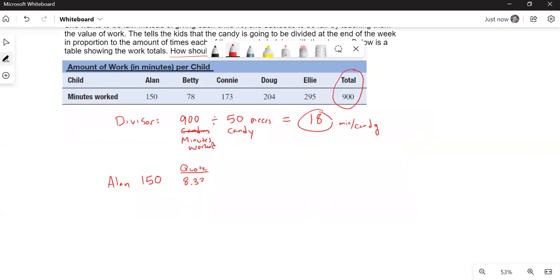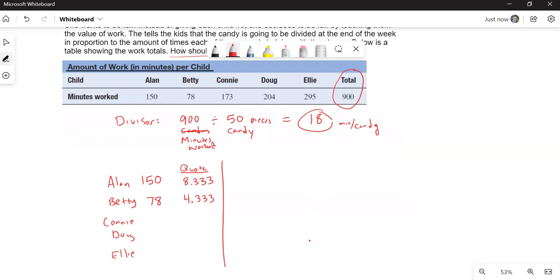As a good practice, I like to leave 3 decimal places. Then we would do the same thing for Betty. Betty worked only 78 minutes, and 78 divided by 18 is equal to 4 with a bunch of 3s, so those decimal parts actually match. Then we would look at Connie, and then Doug, and then Ellie, and do the same thing.